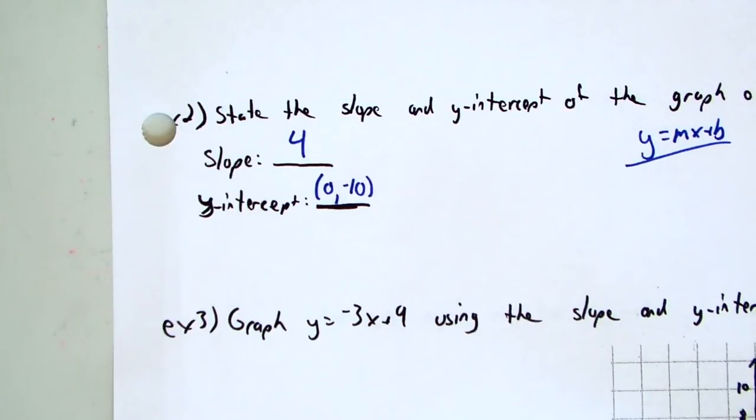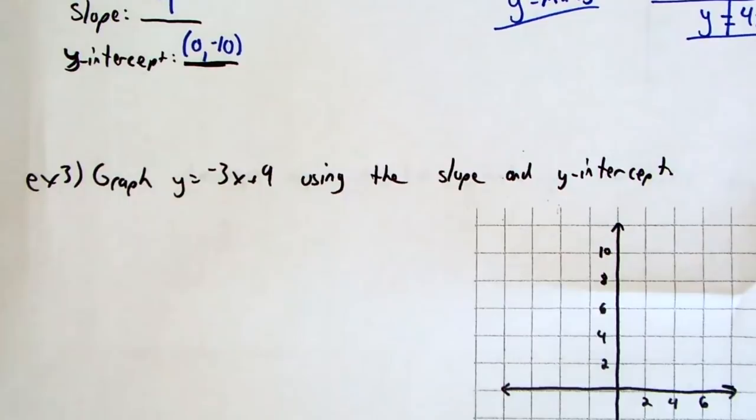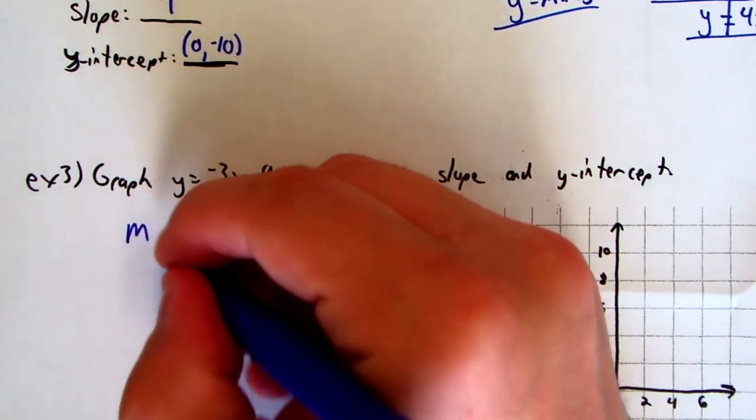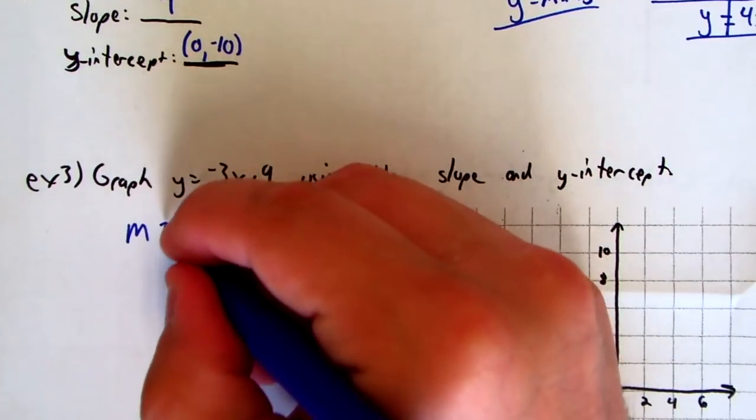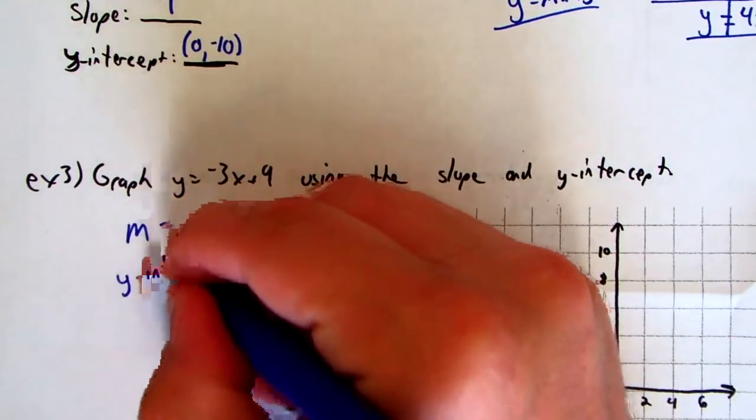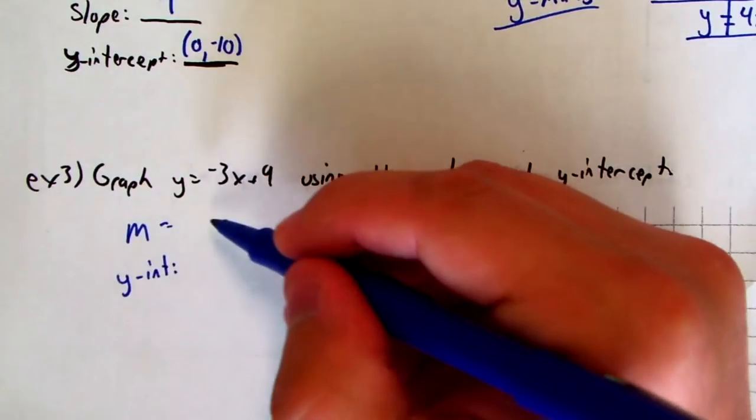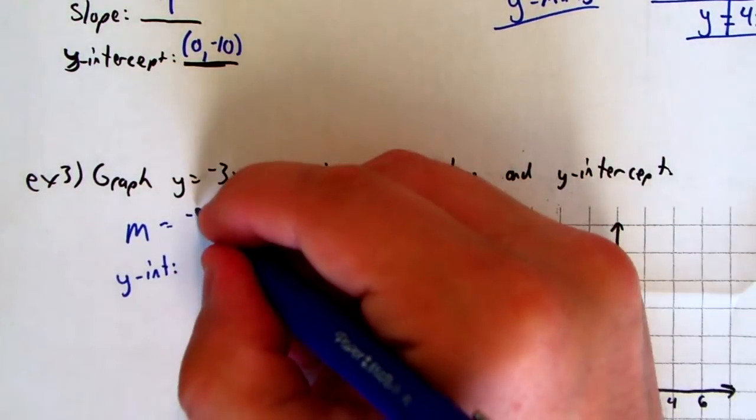All right, let's look at example 3 now. Now, instead of simply looking for the slope and y-intercept, we are actually going to be using those numbers to graph an equation. The slope is negative 3.